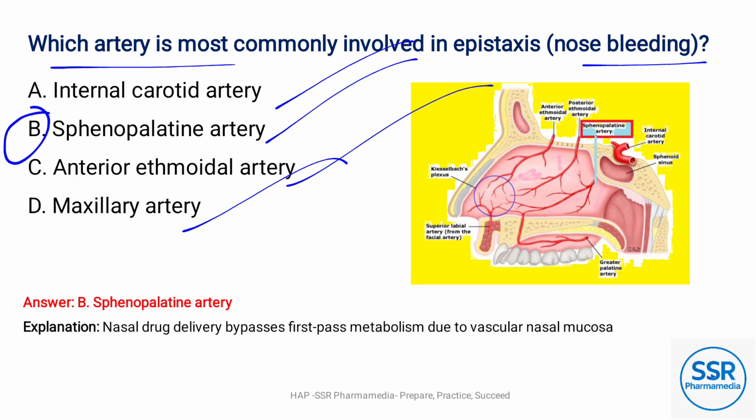The answer is option B, sphenopalatine artery. Nasal drug delivery bypasses first pass metabolism due to the vascular nasal mucosa.